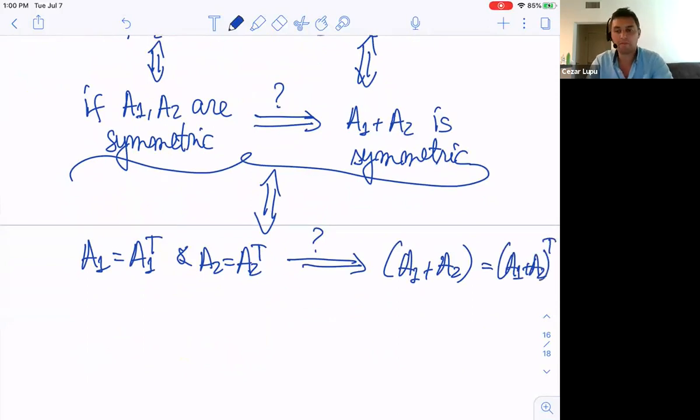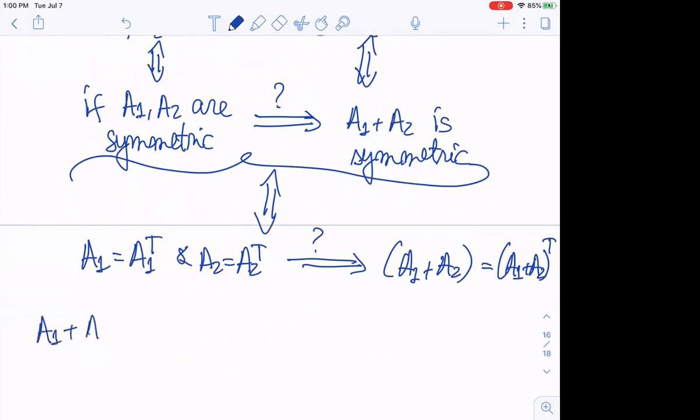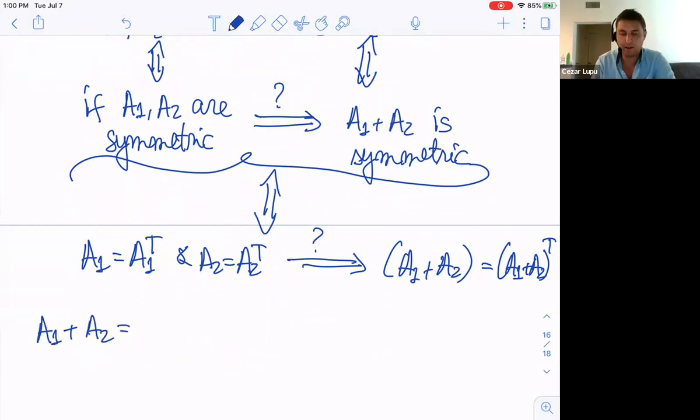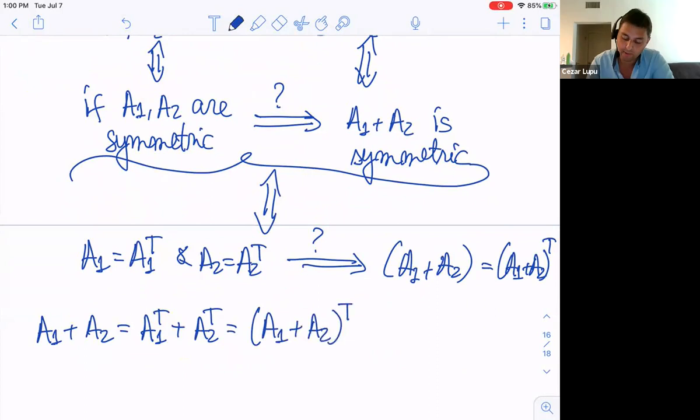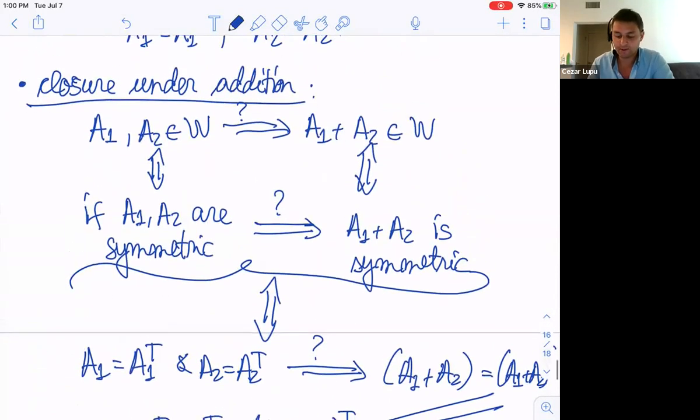Well, very easy to see. What do we know about the addition? Since A1 is A1 transpose, A1 plus A2 is the same as A1 transpose plus A2 transpose. But from the properties of the transpose of a matrix, which we have seen previously, this is nothing else than A1 plus A2 transposed. So yes, this is true.